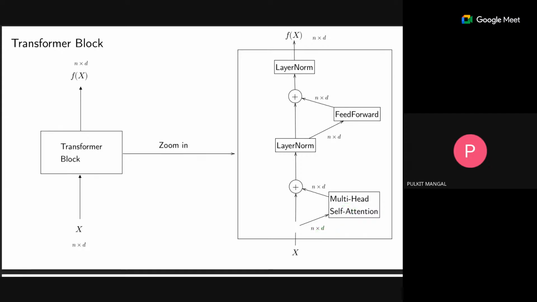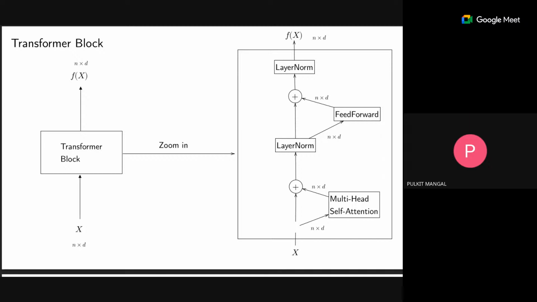What will happen in the multi-head self-attention block? There would be multiple self-attention blocks. What does each of these self-attention blocks do? It's going to compute our attention score and value embeddings. So there the computation of softmax of qk transpose, times v, will happen. Each of my self-attention blocks will output n cross dv.